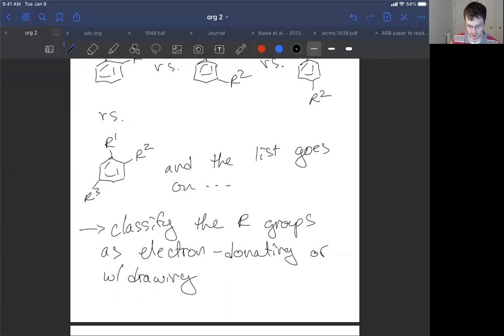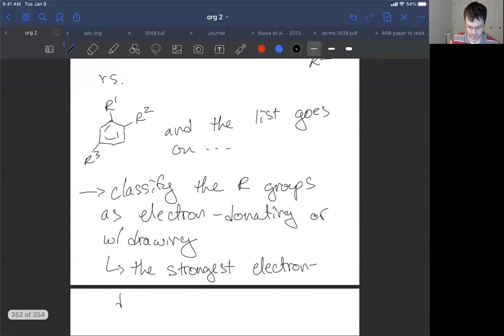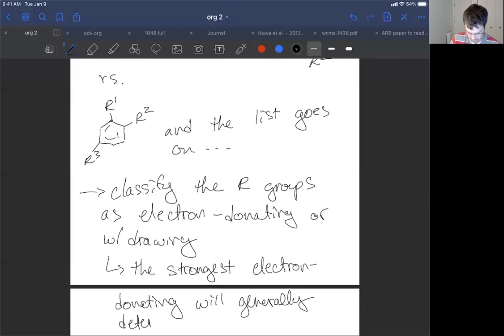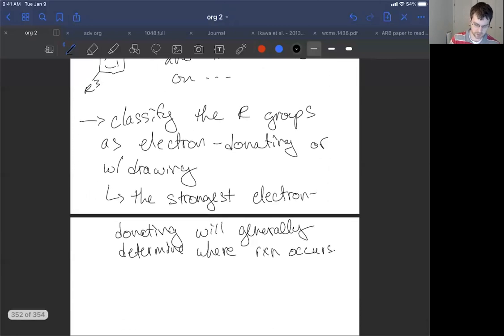And now what we recognize is that the strongest electron donating group will generally determine where a reaction occurs. So the strongest electron donating group will generally determine where the reaction occurs.